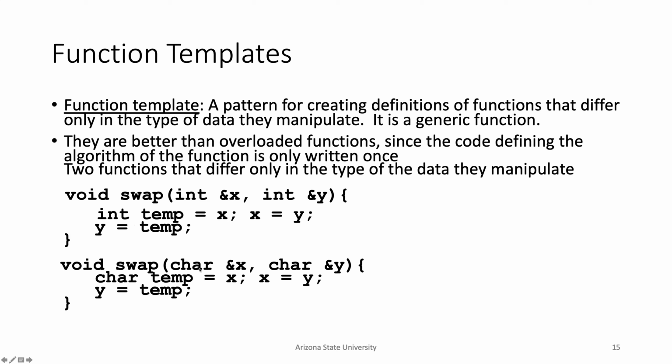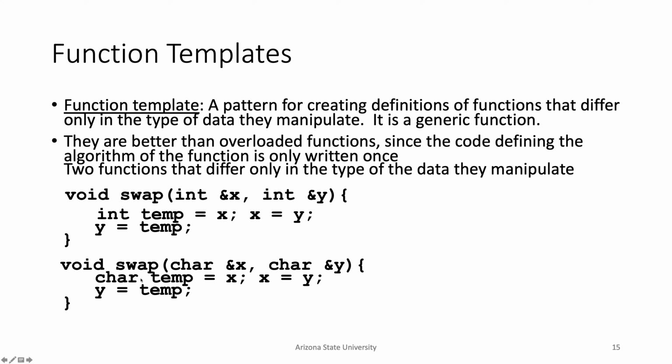Whereas here, they change in the same way, so the integers get swapped to chars. If I did the same thing with strings, I would put strings here. If I put vectors here, I would do vector. So no matter what type I consider, I can put any type here as long as I put the same type for y and the same type for temp, then all of those work.